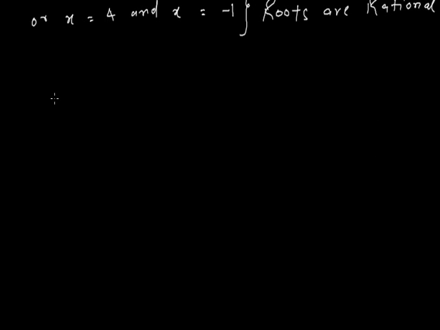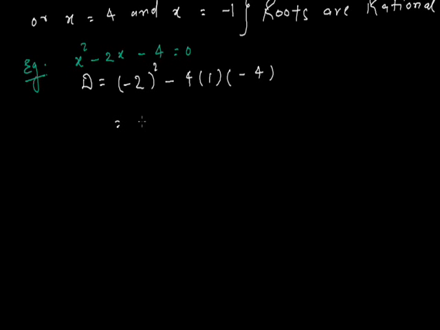Now let us take an example of irrational roots. Let us take the quadratic equation x square minus 2x minus 4 equal to 0. Here we find that the value of discriminant is 20, which is not a perfect square of a rational number.